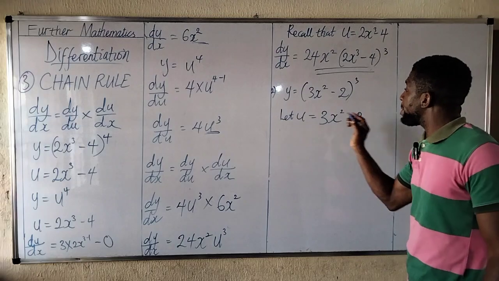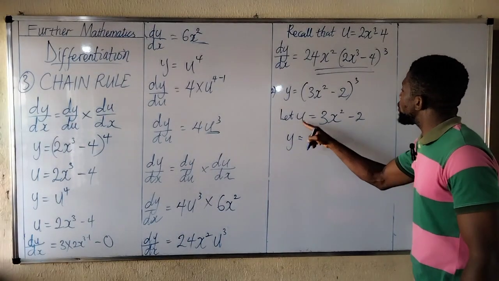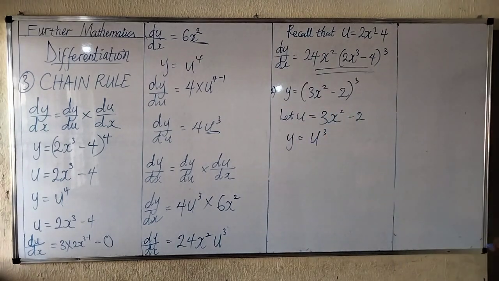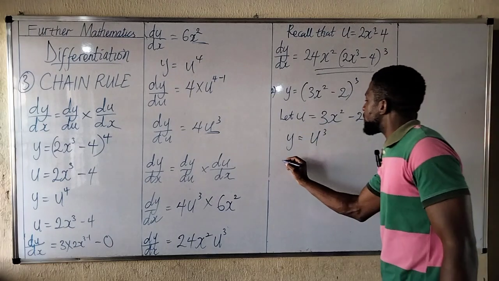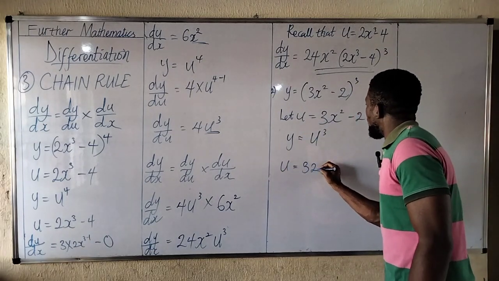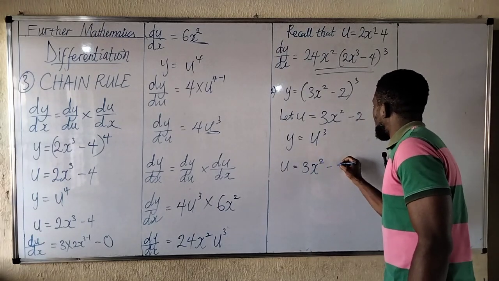Then what of our y? Our y will be y equal to u, representing this, raised to power 3, so it will be u raised to power 3. Okay, let's start with the first one. u is 3x squared minus 2.